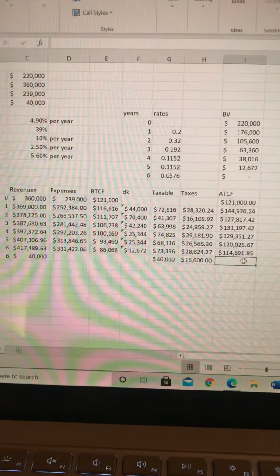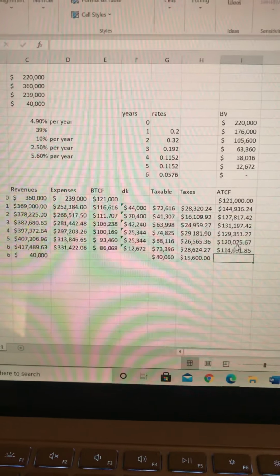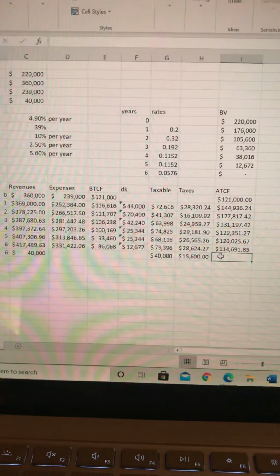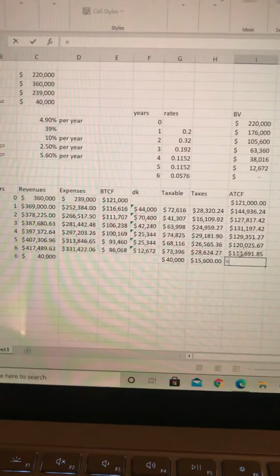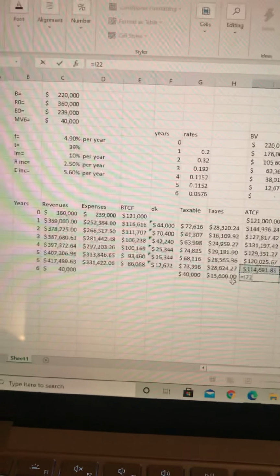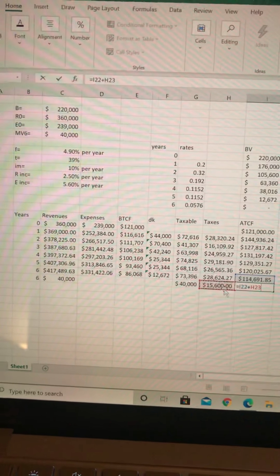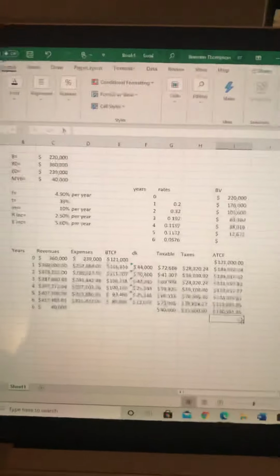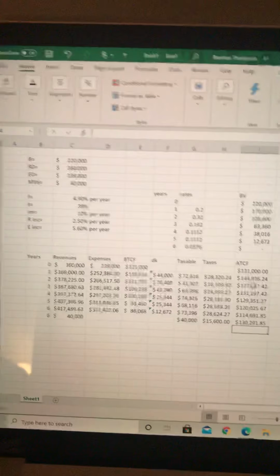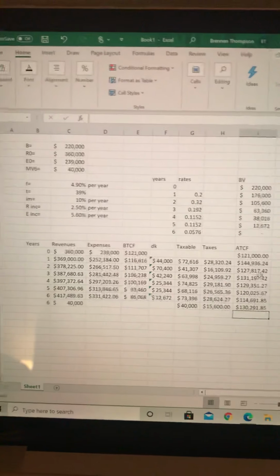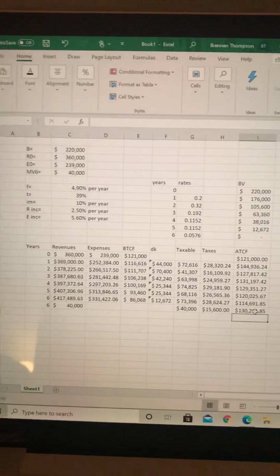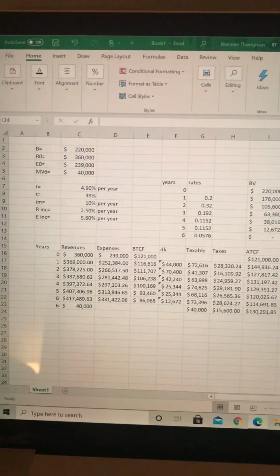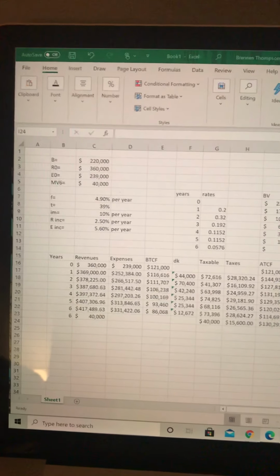What we actually need for year 6 is this, plus this amount, just to get the total including the market value at the end. So that's going to be our after-tax cash flow amounts in real dollars.